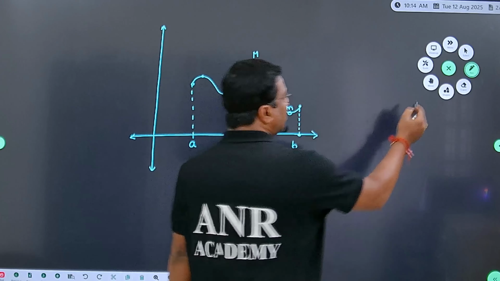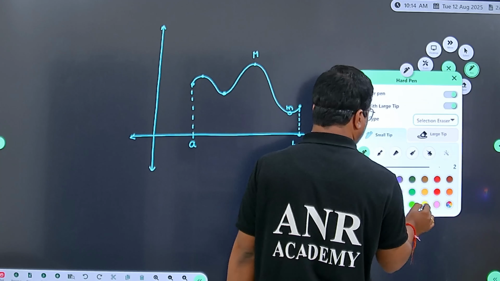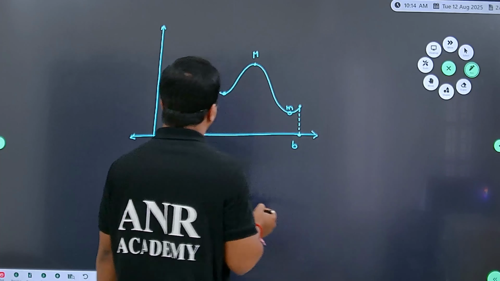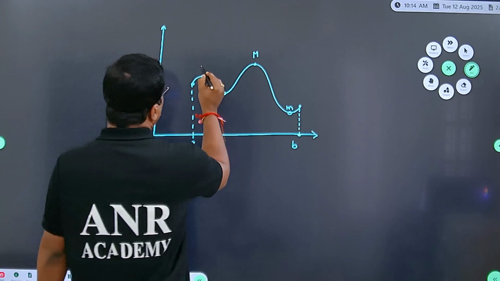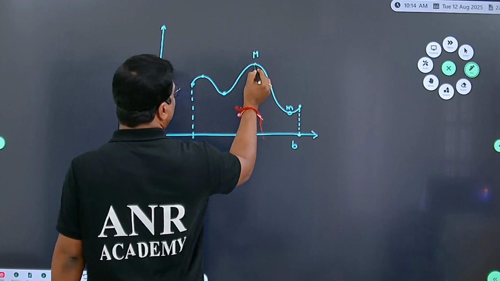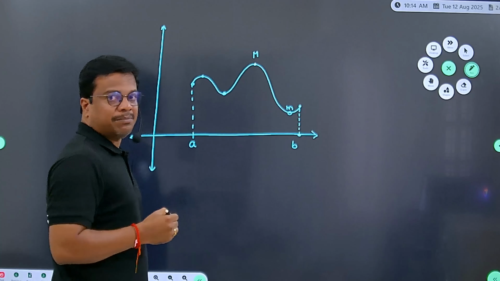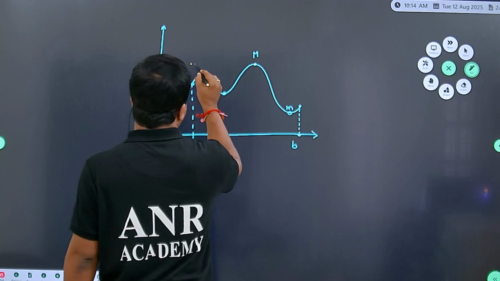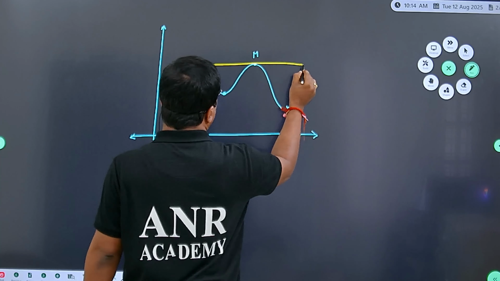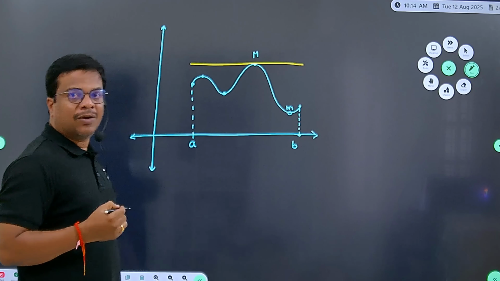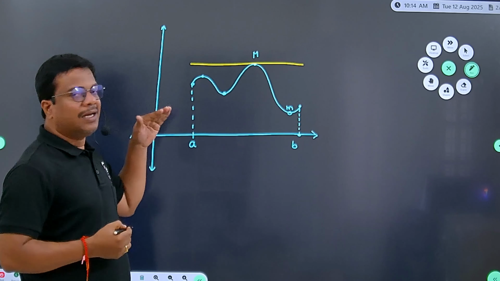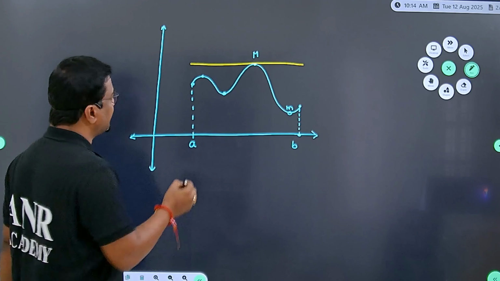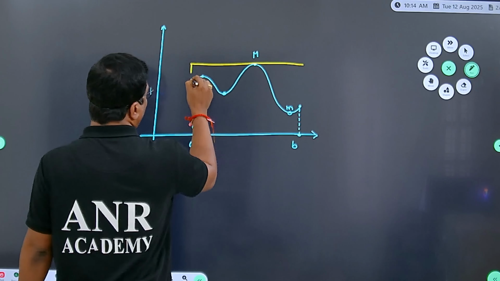And now observe in the figure, suppose you draw a tangent at capital M, and now observe the area under this line, only on the defined domain, the closed interval a to b only.